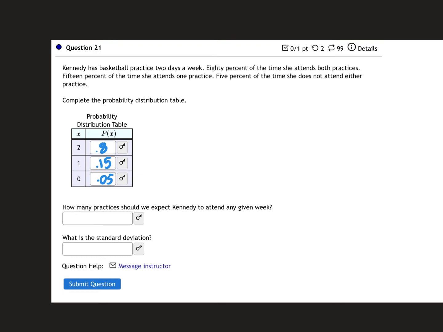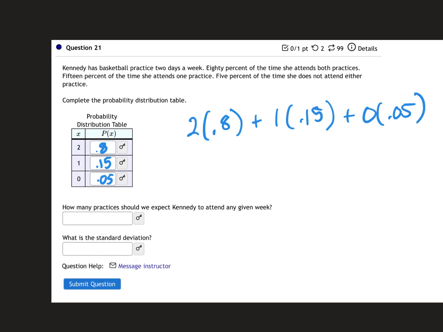How many practices should we expect her to attend every week? On average, she would go 2 times 0.8 plus 1 times 0.15 plus 0 times 0.05. If I multiply this out, 1.6 plus 0.15 is 1.75. And what is the standard deviation?